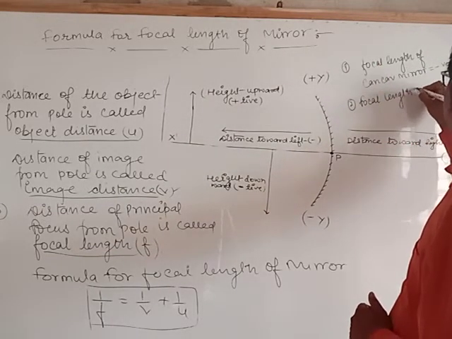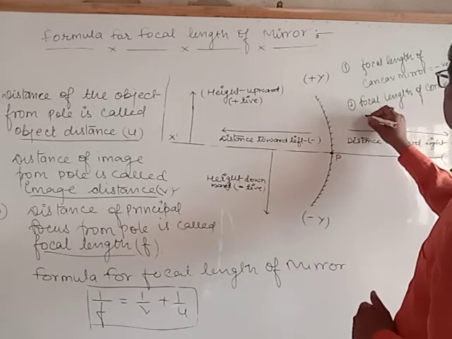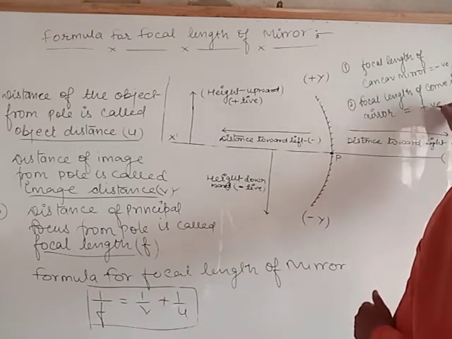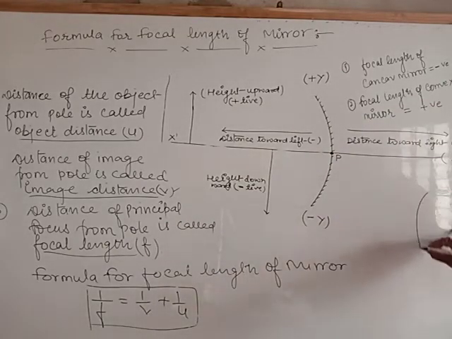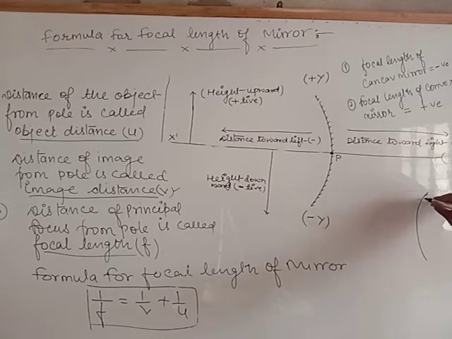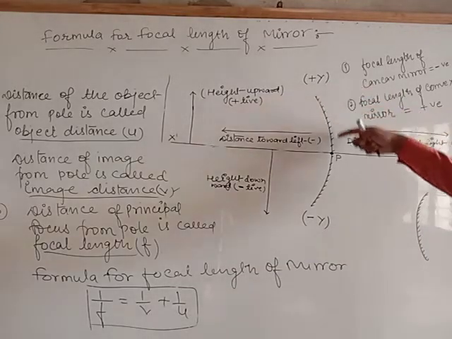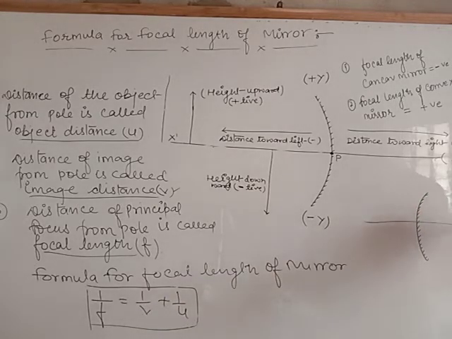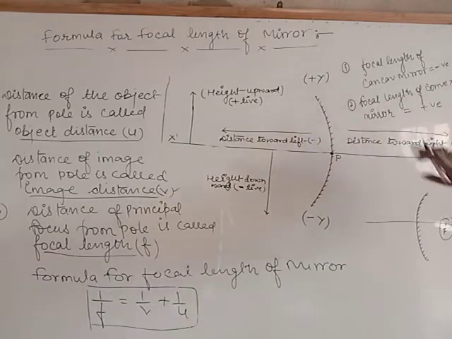The focal length of a convex mirror is positive, because if you draw the convex mirror, the outer side is polished, and the center of curvature of the convex mirror is always on the right side, and half of the curvature is the focus. It means the focus of a convex mirror is always on the right side, so the focal length is always positive.